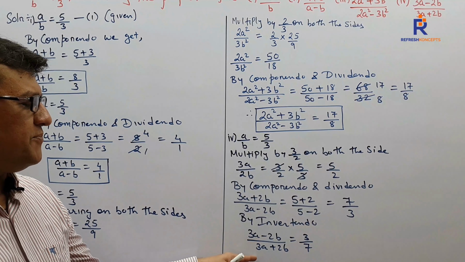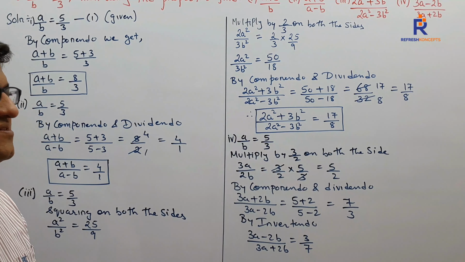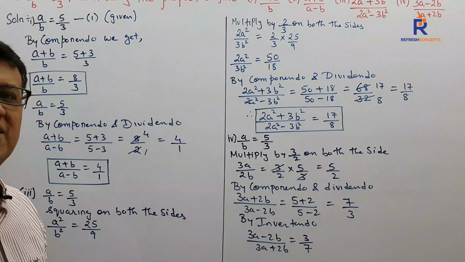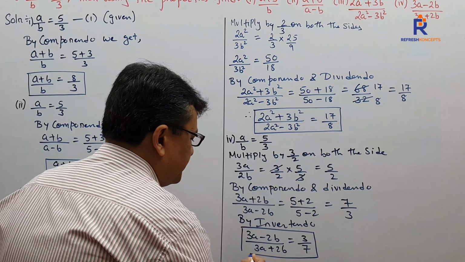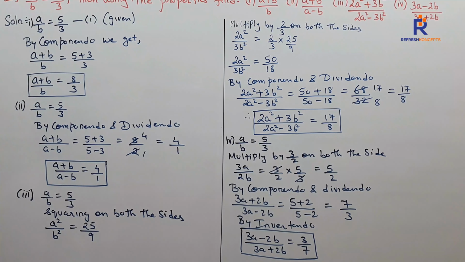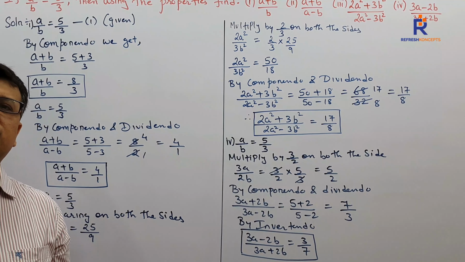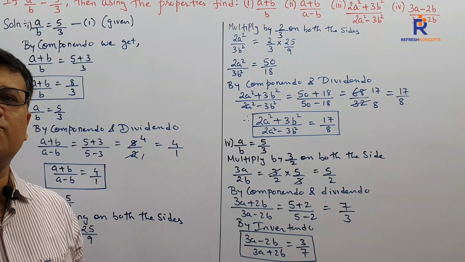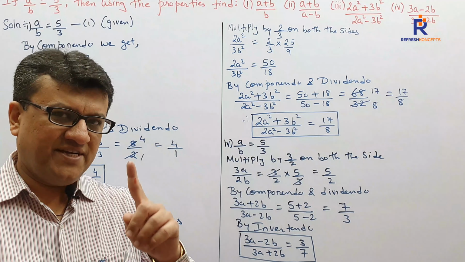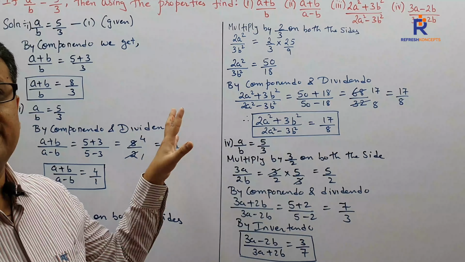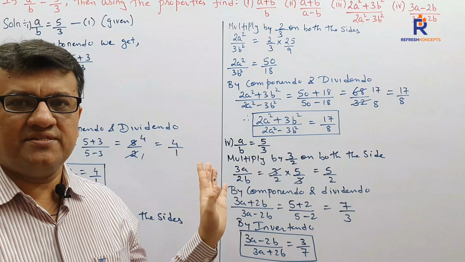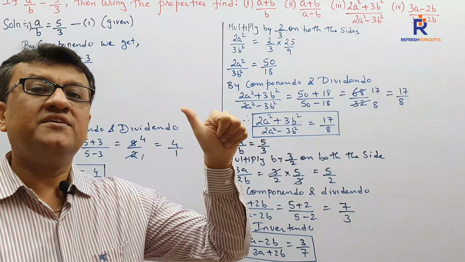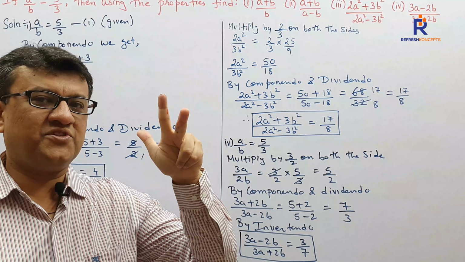We got our final answer by invertendo. So I hope my children are understanding what we have done. Look at the question. The question itself will say everything to us. Look at the question and remember that 4-point theory: ratio, power, coefficient, dendos.